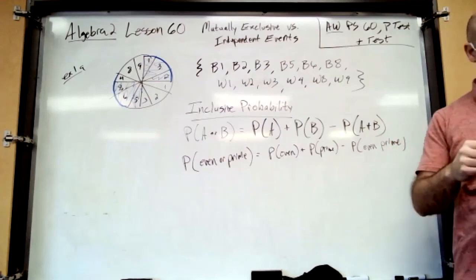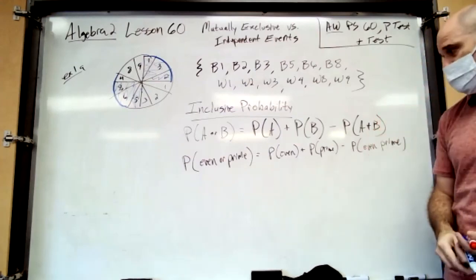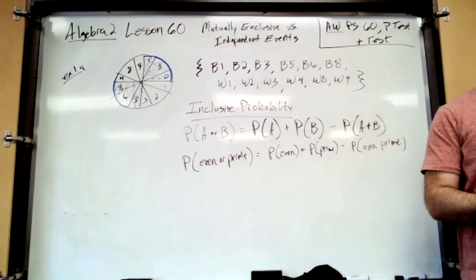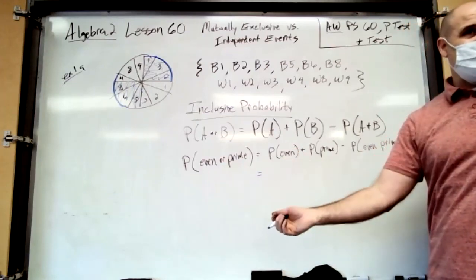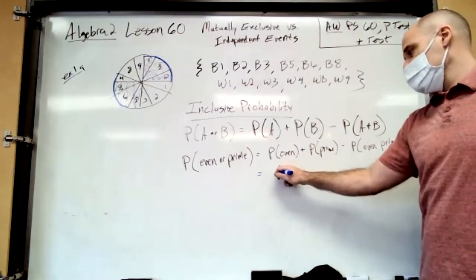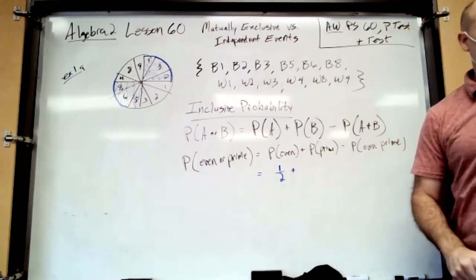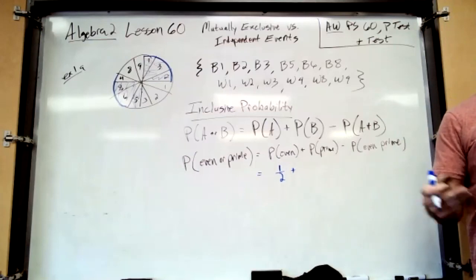Okay, so on one die, a number cube, what's the probability of getting an even number? 3 out of 6, right? So 1/2. And how many prime numbers are there between 1 and 6 inclusive?